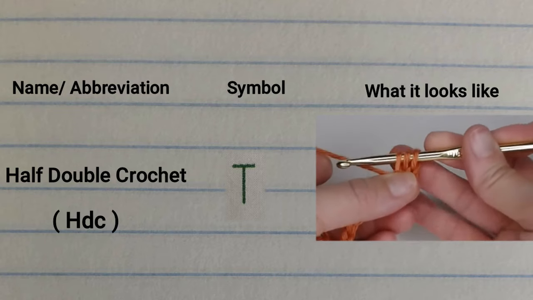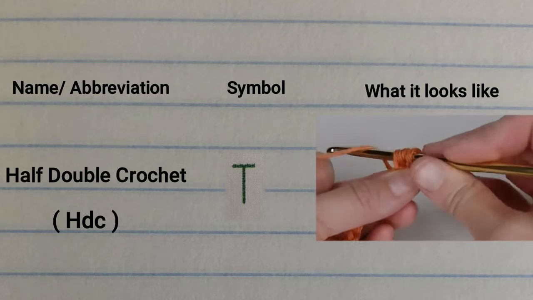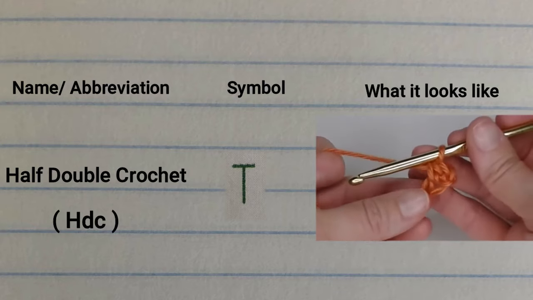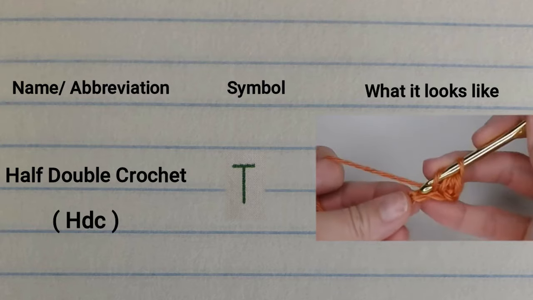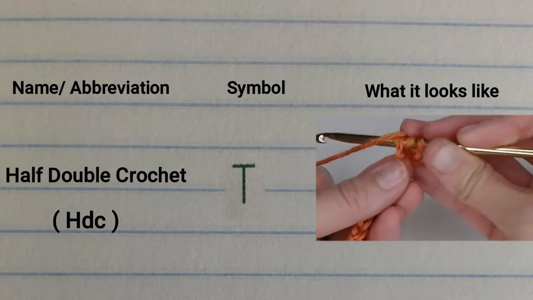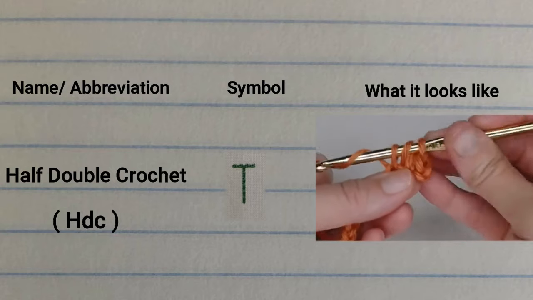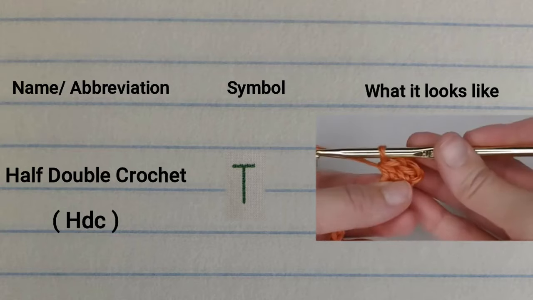You've got 3 loops on your crochet hook, yarn over, pull through all 3. Yarn over, insert your crochet hook into the next stitch, yarn over, pull through, yarn over, pull through all 3.